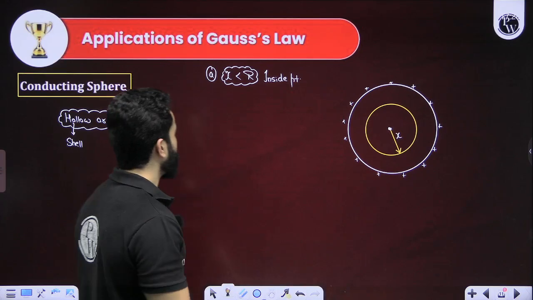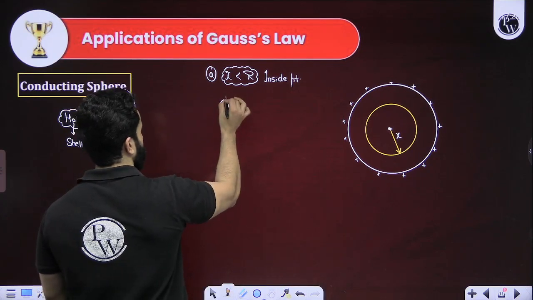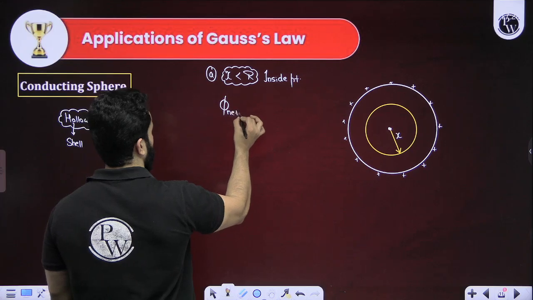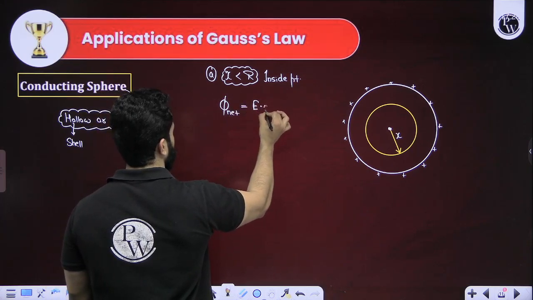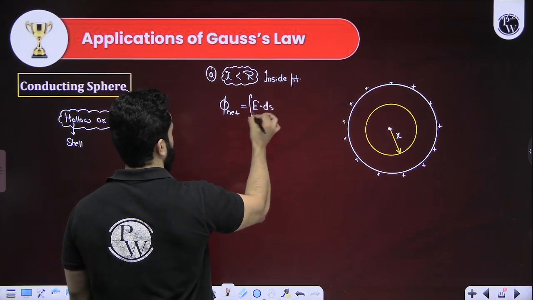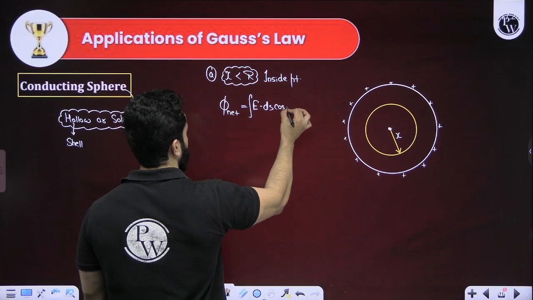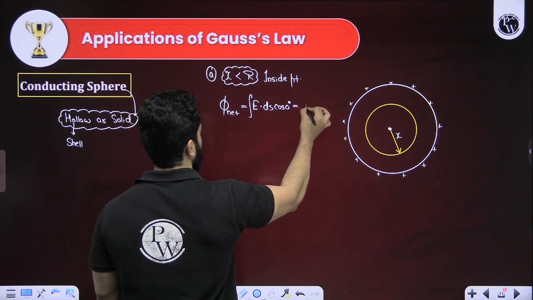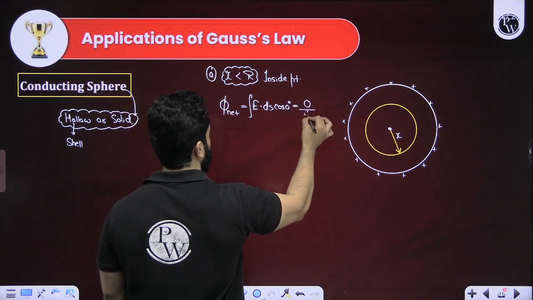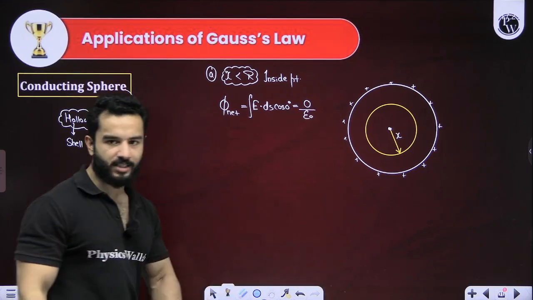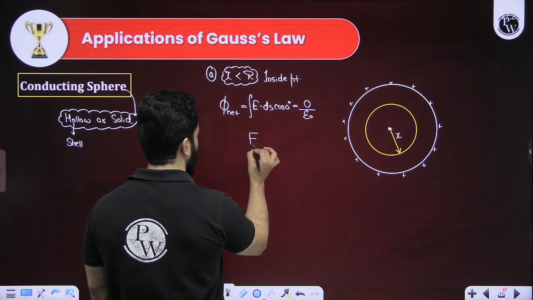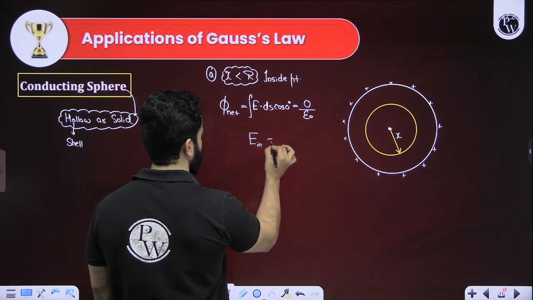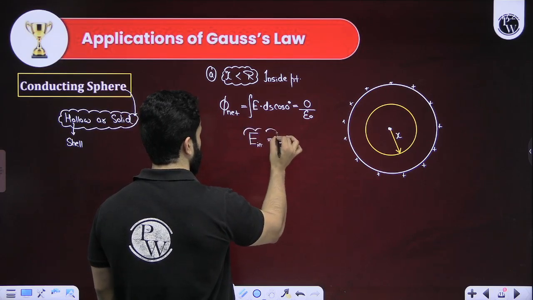So we are going to simply say that net flux will be equal to integral of E dot ds, everywhere the angle will be 0 degree, equals to, there is no enclosed charge because all the charge is residing on the surface. So electric field at all points which are inside this sphere is 0.